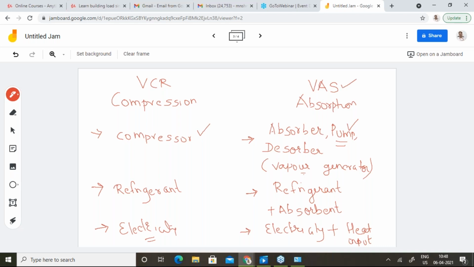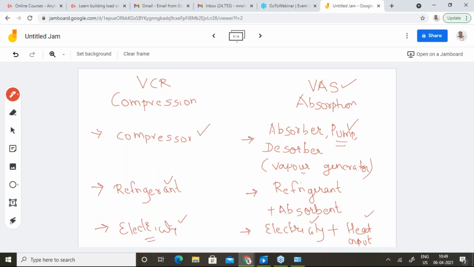If you look at this comparison, compression has one component, the compressor, while this system has three components, that is absorber, pump and desorber. It has one fluid, that is a refrigerant. Instead of one fluid, this system has two fluids, the refrigerant and the absorbent. Compression technology has one input, that is electricity, and this absorption technology has two inputs: electricity also has to be supplied and heat also has to be supplied.